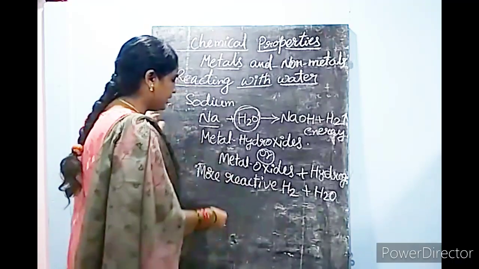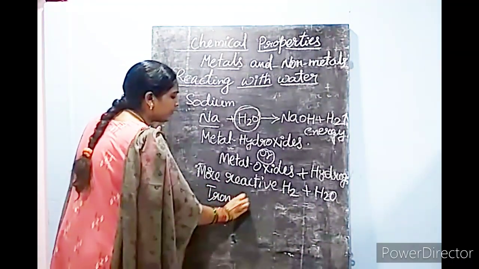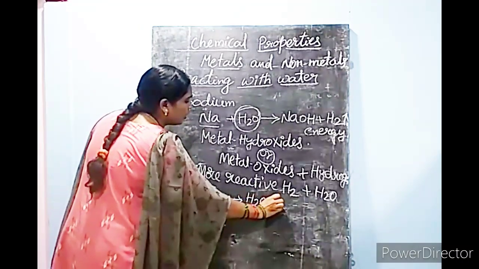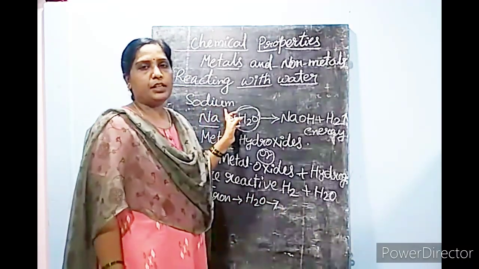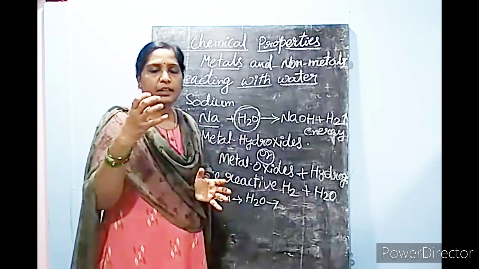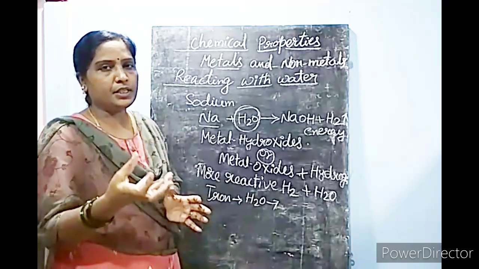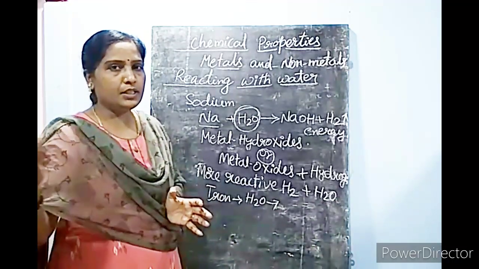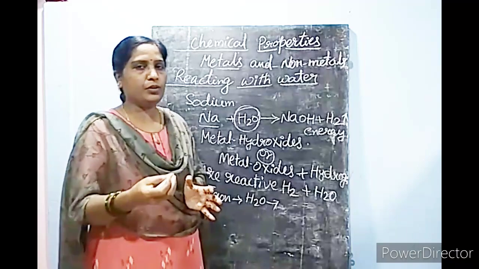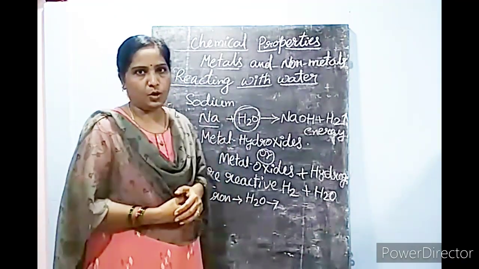If you take iron, you have seen it reacts with water very slowly. And just now we discussed the rusting process: how the iron, with water and some moisture in the air plus oxygen, reacts and forms Fe2O3, rust. We had seen the formula just now.